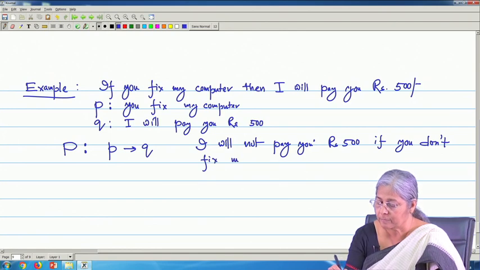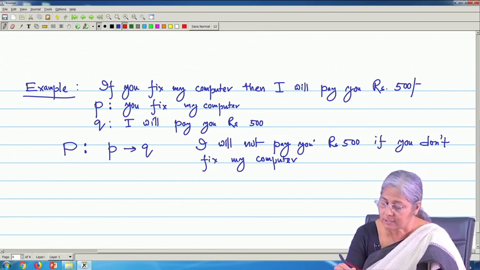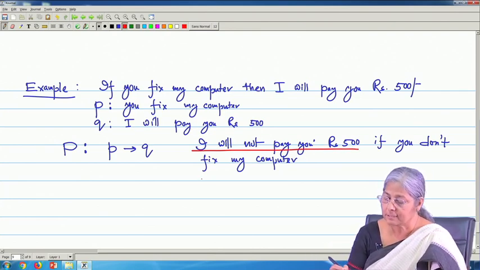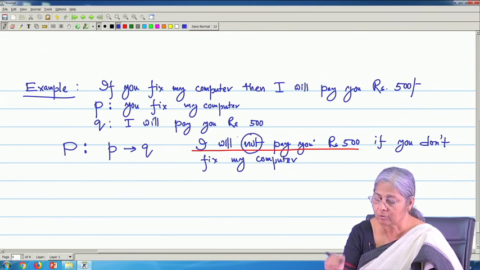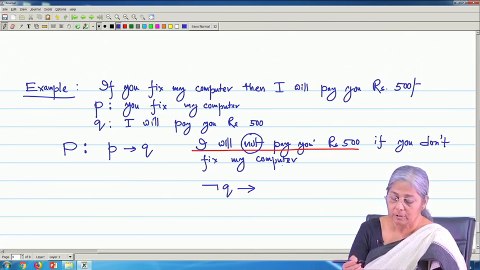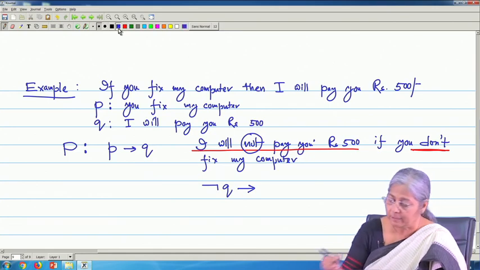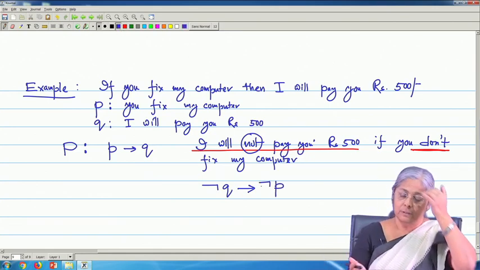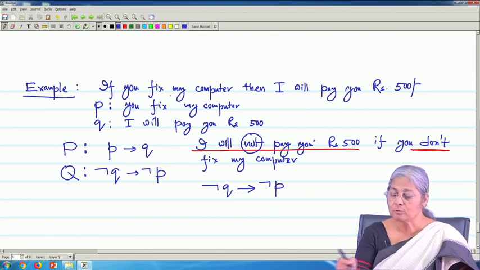This tells that I will not pay you rupees 500, which is negation Q, implies you do not fix my computer, which again is negation P. So, if this compound proposition is negation Q implies negation P, then these two statements are the same.